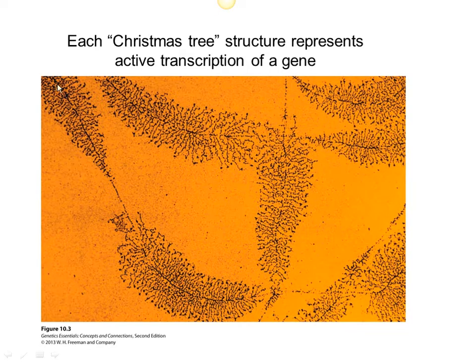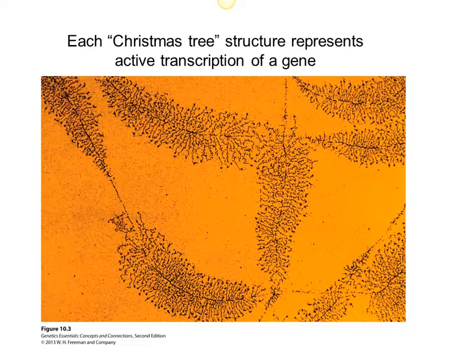Basically, along a strand of DNA, you have genes, and the genes have a definite start and end. When you have transcription of the gene, that means you have RNA polymerase moving along the gene, copying it into a strand of RNA. In this picture, you have probably hundreds of RNA polymerase enzymes traveling along each gene, and each RNA polymerase has its own RNA transcript hanging away from where it's polymerizing.